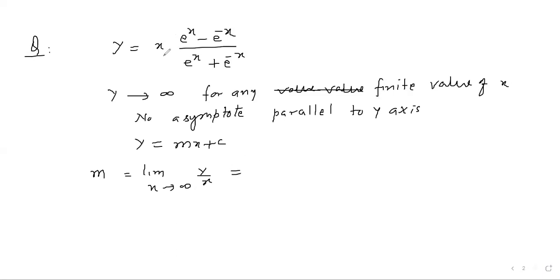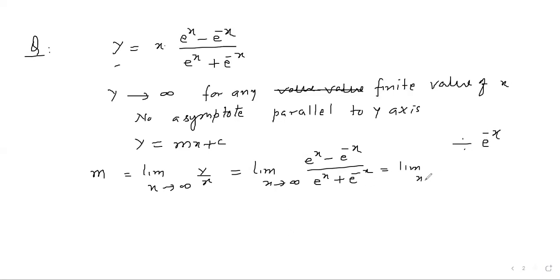So from here, if we find y upon x, we will be left with e power x minus e power minus x divided by e power x plus e power minus x. So limit x tends to infinity e power x minus e power minus x divided by e power x plus e power minus x. We can divide each term by e power minus x. So we will get limit x tends to infinity e power.